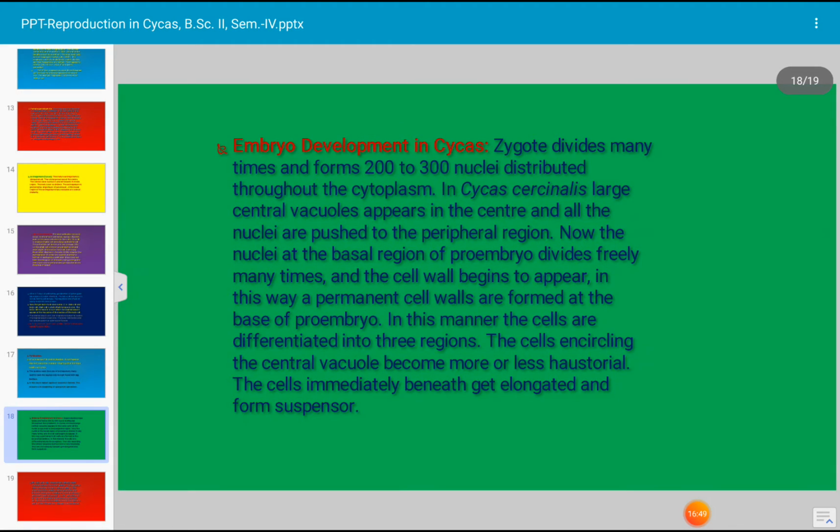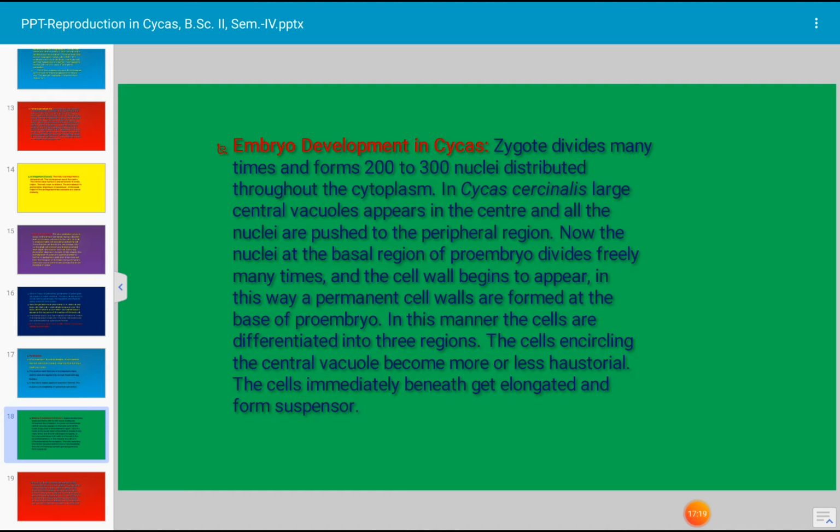Next slide. Let us see details about embryo development in Cycas. Zygote is a diploid structure which is formed by the fusion of male and female gametes. It is also known as oospore. The oospore or zygote divides many times and forms 200 to 300 nuclei, which are distributed throughout the cytoplasm.